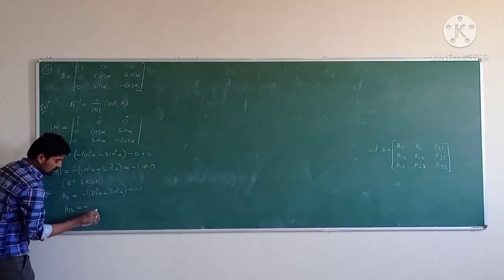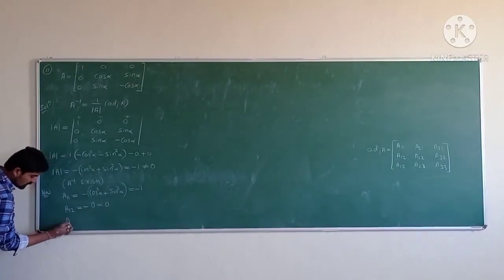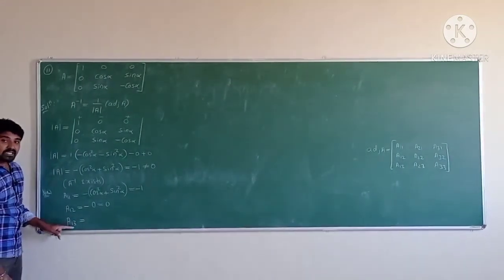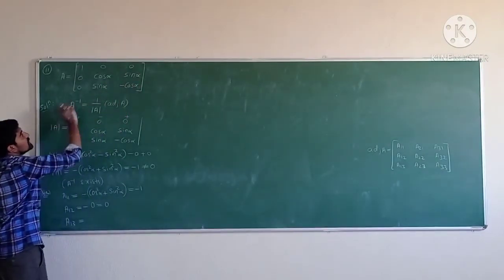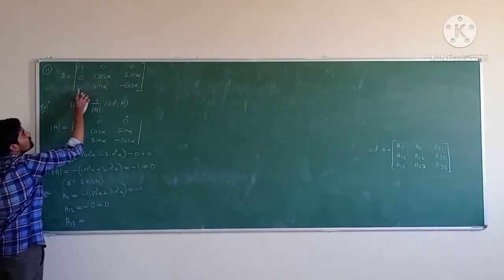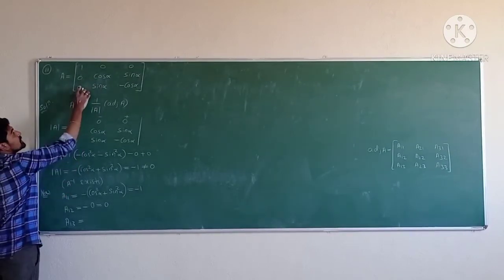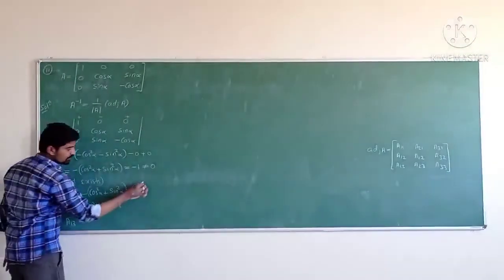So 0 minus 0 is 0. And next A13 is obtained by deleting the first row, third column. After deleting this first row, third column, remaining elements 0, cos alpha, 0, sin alpha: 0 into sin alpha, 0, minus 0 into cos alpha, 0. So 0 minus 0 is equal to 0.